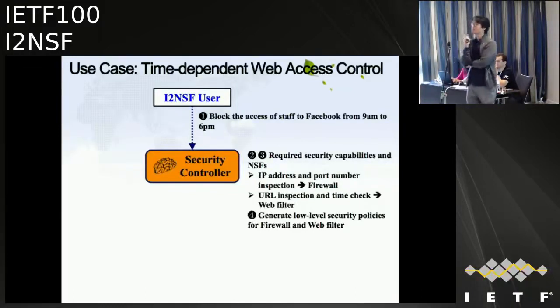And then for the security controller, when reading the other drafts from the I2NSF documents, the security controller has different functionalities, but there is no explicit requirement of having a policy refinement engine inside the security controller. So this is an open question, probably for the group for future discussion. Is the policy refinement engine a part that must be inside the security controller or an external component?